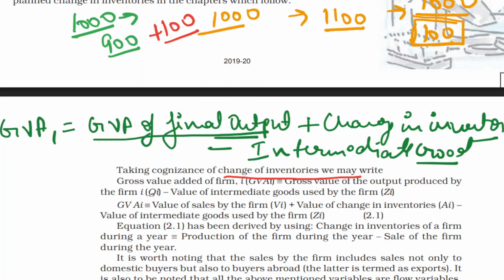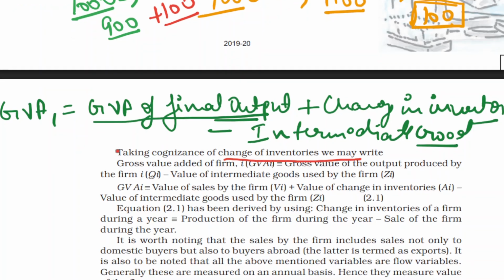So calculating the national income with the value added method is something like this: GVA is the final output plus change in inventories minus intermediary goods, right? So this is the formula for calculating the GVA for one firm.